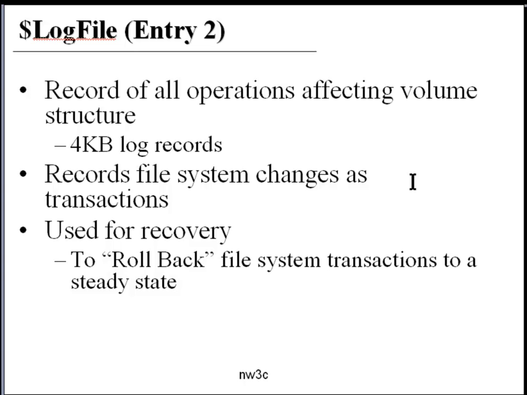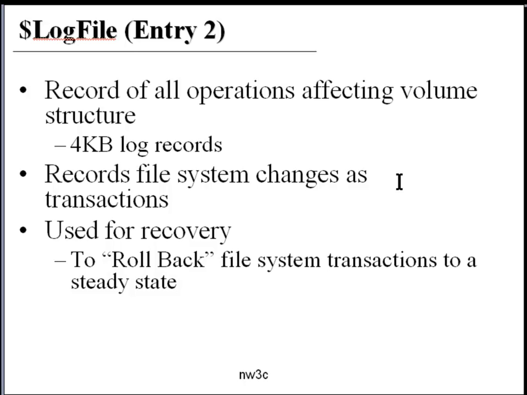We've actually tried to do a little bit of experimentation to determine exactly what each 4K log record means, and it's very difficult to follow, but essentially what it looks like it's doing is that before an operation occurs, let's say a read operation or a copy operation or a write operation, that information is copied to a log file entry, and then once that transaction is completed, that's so indicated in the log file after that.